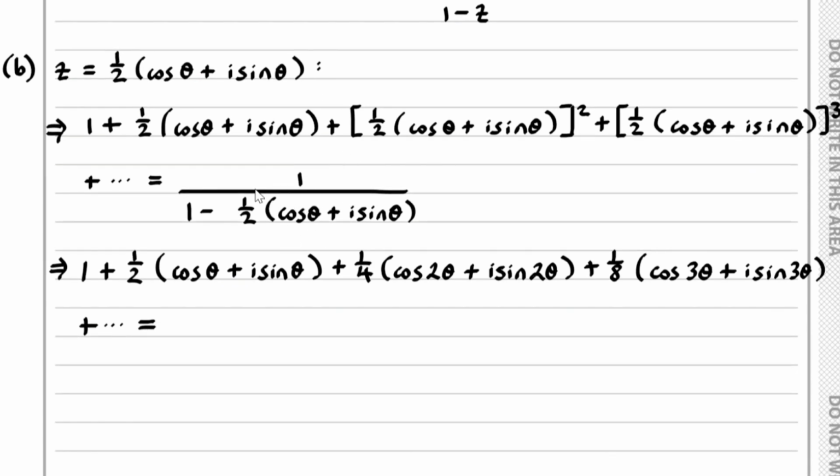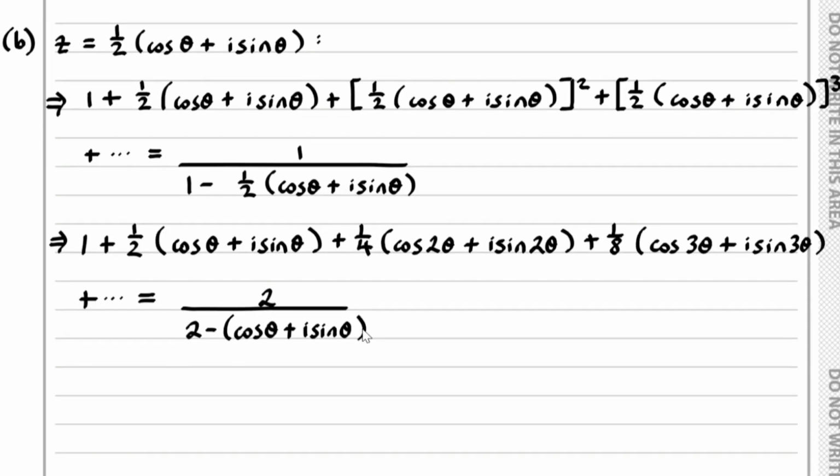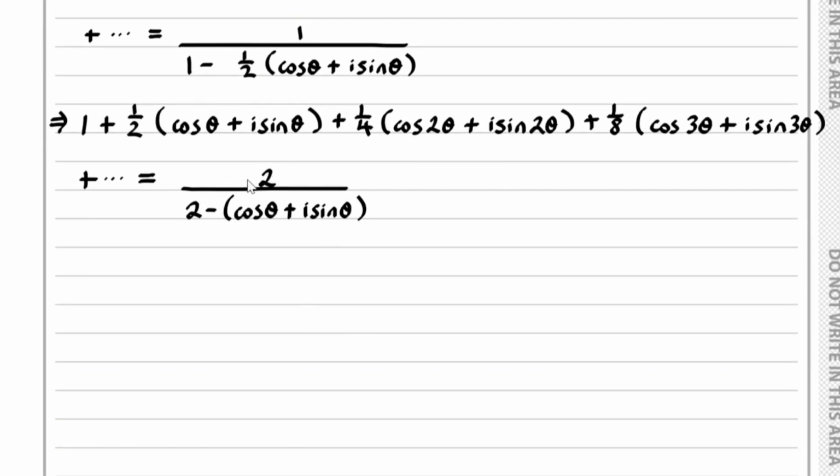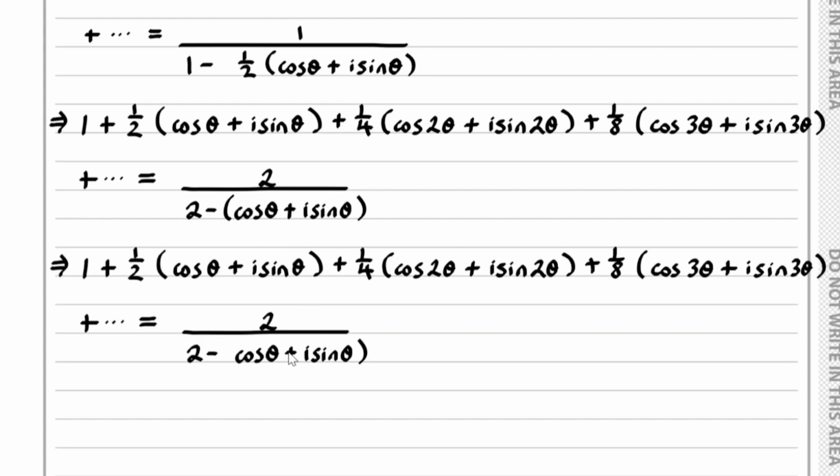Now, what we're going to do here is multiply through the top and bottom by 2. So we end up with 2 over 2 minus (cos theta plus i sin theta). Now, to make life easy for ourselves, we're going to rewrite the result on the right hand side.